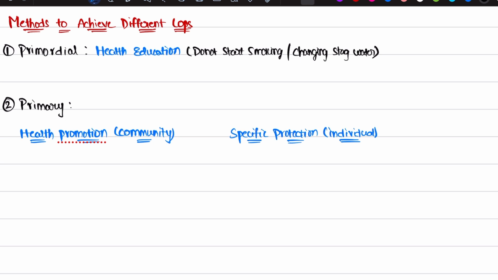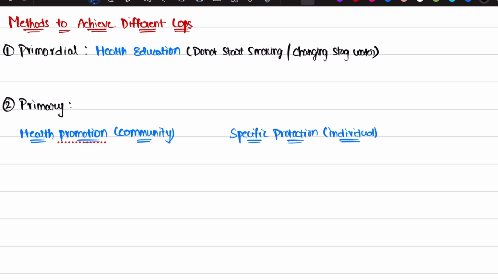See, in the primary levels of prevention, the risk factor is present and the disease is absent. To prevent the disease, we wear the mask. To prevent COVID, I wear the mask. So all these examples come under primary levels of prevention.